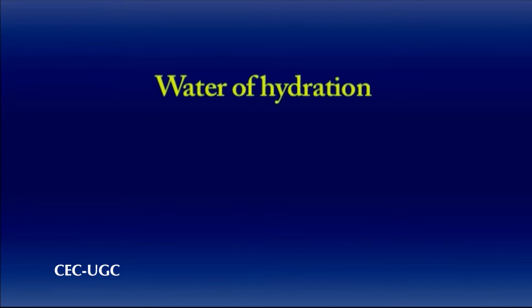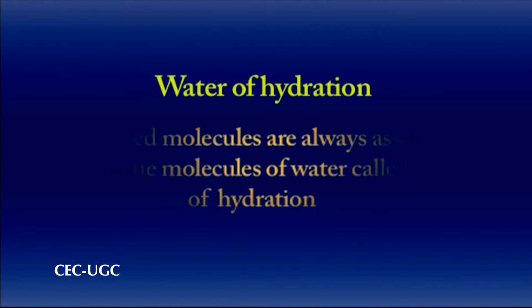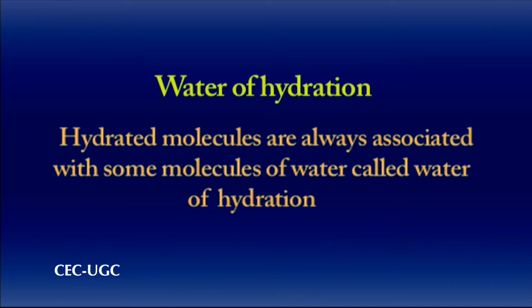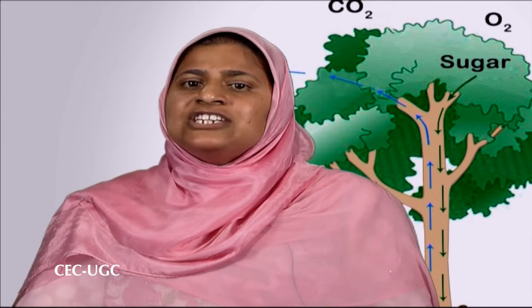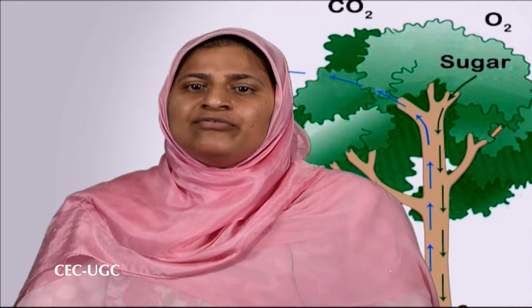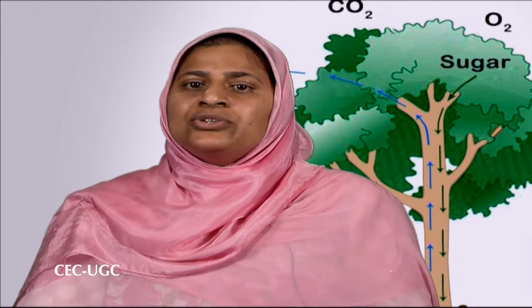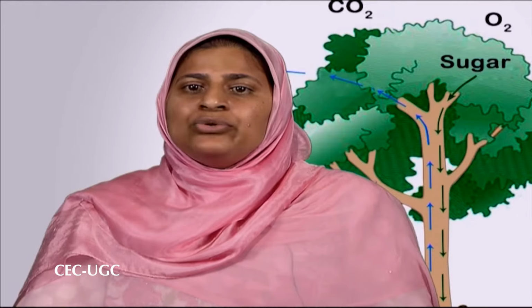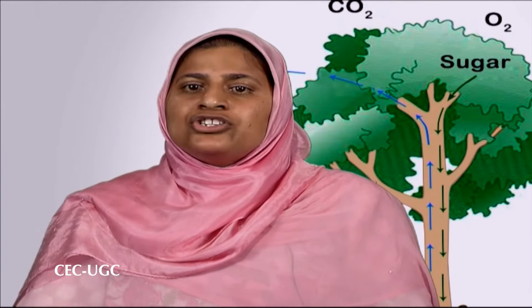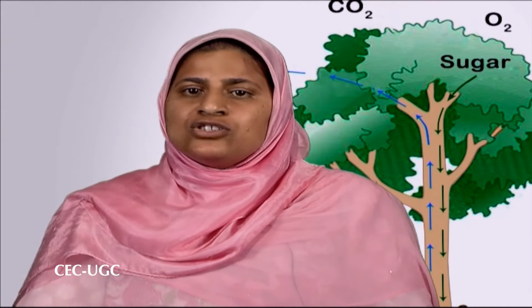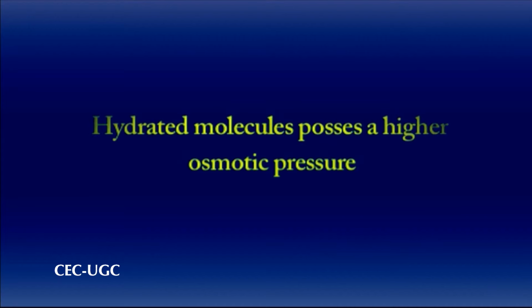The fourth one is water of hydration. Hydrated molecules are always associated with some molecules of water called water of hydration. When such molecules are dissolved in water, the water molecules associated with the solute molecules never constitute a part of the solvent. Therefore, hydrated molecules possess a higher osmotic pressure.